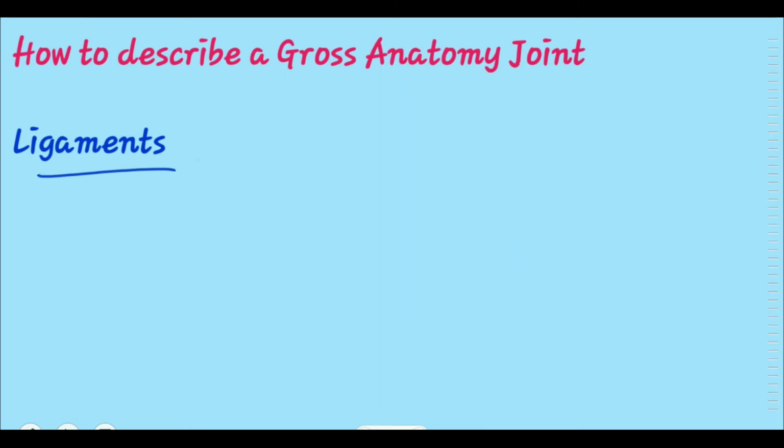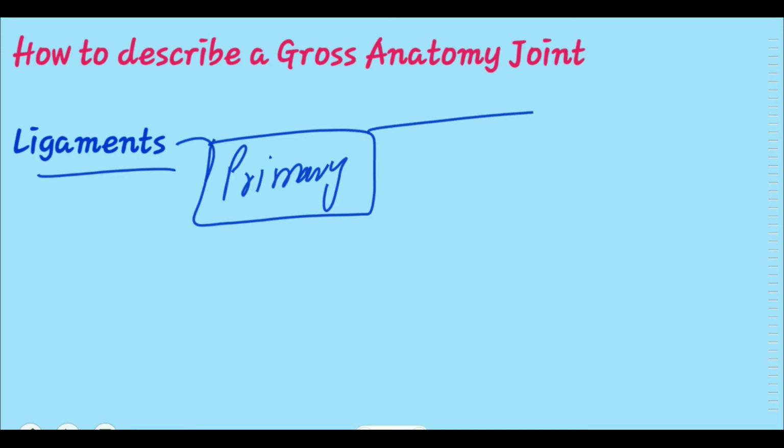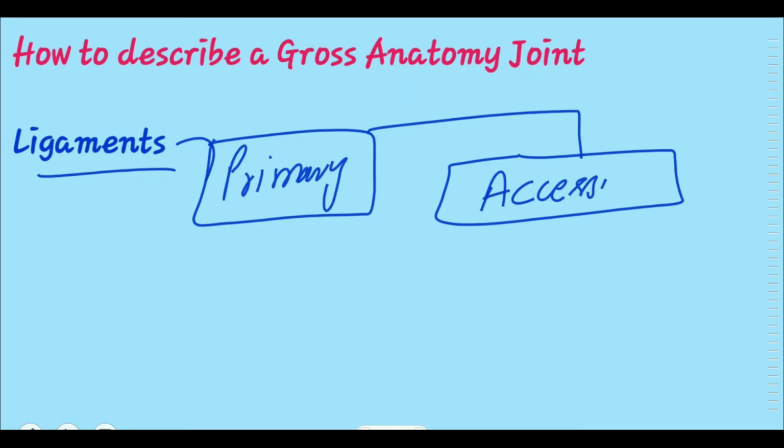Now I will classify the ligaments into different categories. This will help you in solving the short essay question. An articular ligament can be a primary ligament, and it can be an accessory ligament. So what is the difference between primary and accessory ligament?